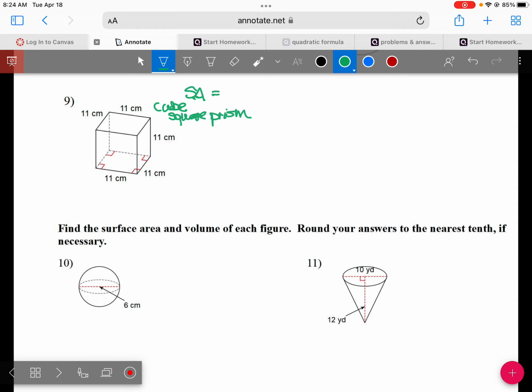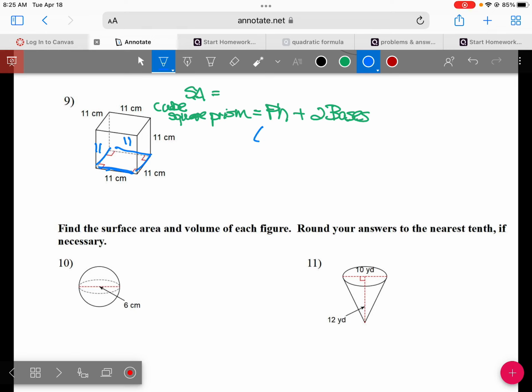Okay. As you look on that formula sheet, what is the surface area of a prism? It's perimeter times the height plus your 2 bases, right? Perimeter is always the perimeter of your base. So we would say 11 plus 11 plus 11 plus 11.